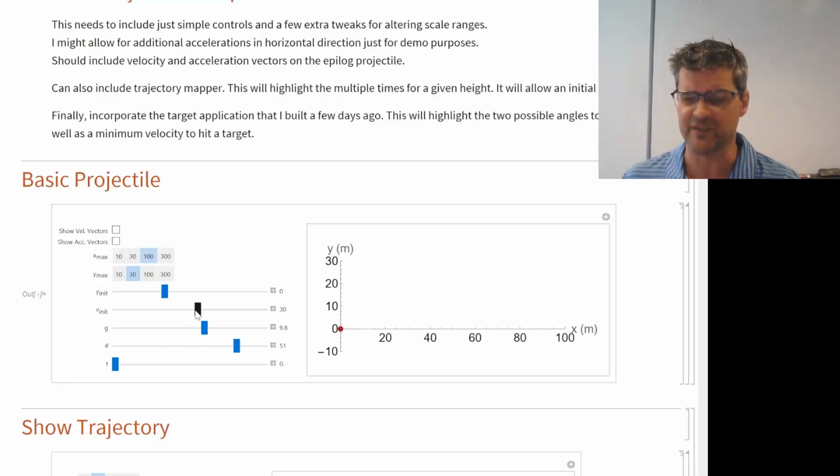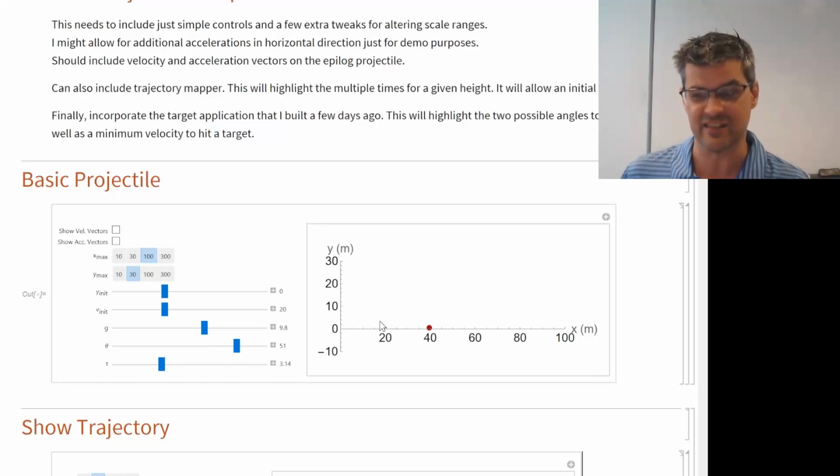Well, what if I was to fire a little bit differently? Now how long is it in the air? Much smaller time, and a much smaller distance. But what is consistent in both the vertical and horizontal directions is the time. The time is the same for both.